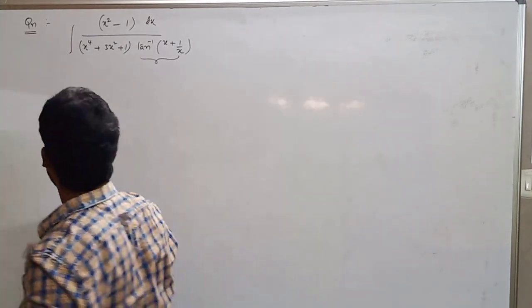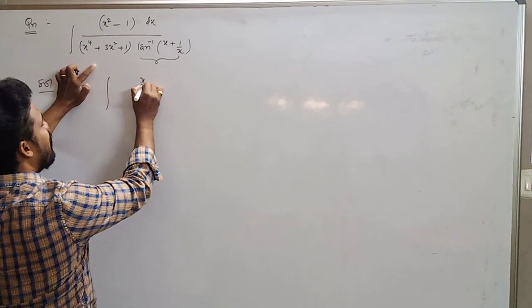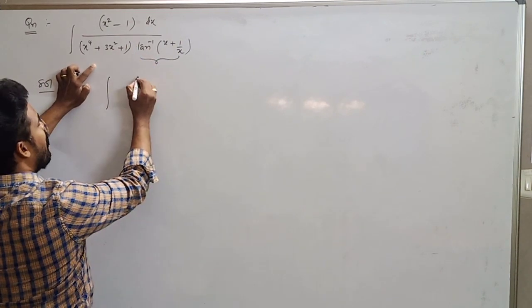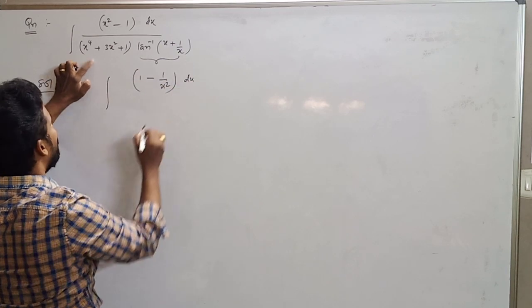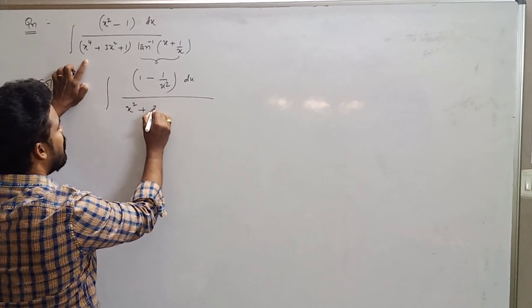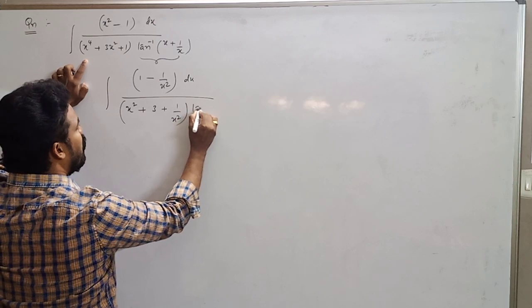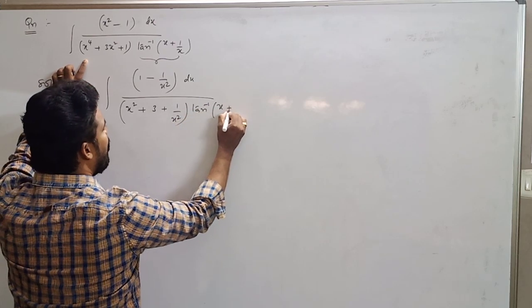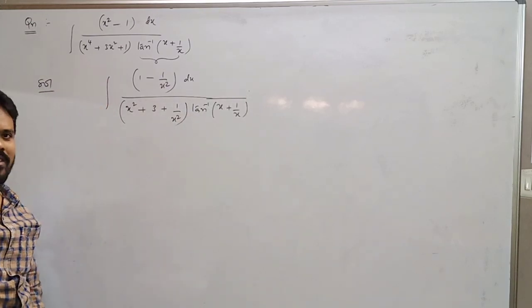Then what becomes here? Taking x square common, I directly get 1 minus 1 by x square dx, and x square common gets cancelled, leaving x square plus 3 plus 1 by x square, into tan inverse of x plus 1 by x. Do you understand?